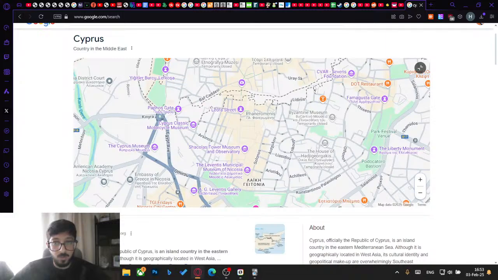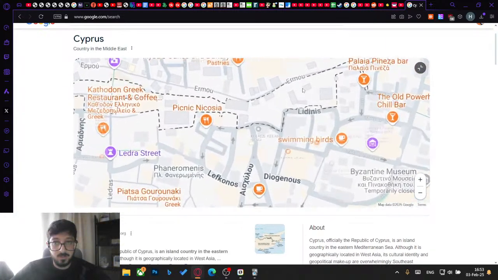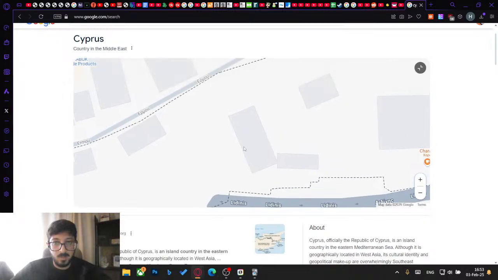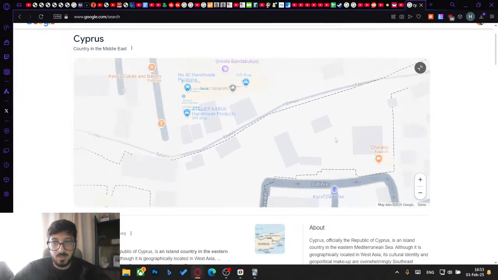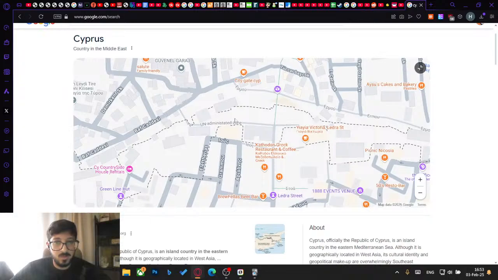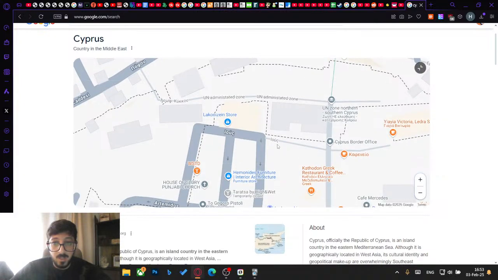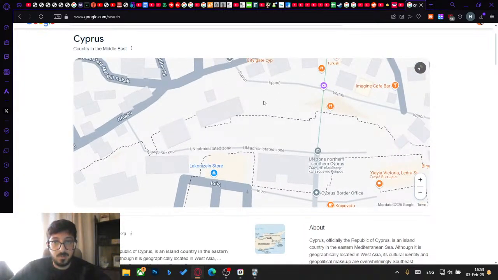But here there is no wall, there is just UN buffer zone. This buffer zone is empty. There are buildings, old buildings, and it's just empty. And there are UN soldiers, and there are Cypriot soldiers here, and there are Turkish soldiers here.